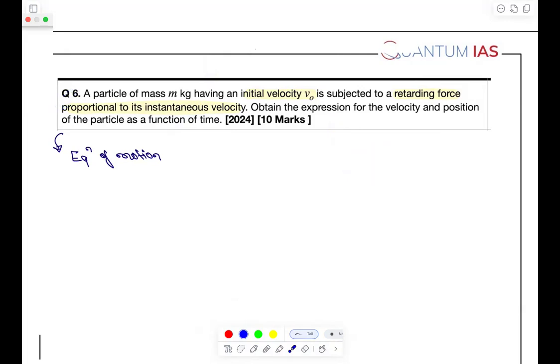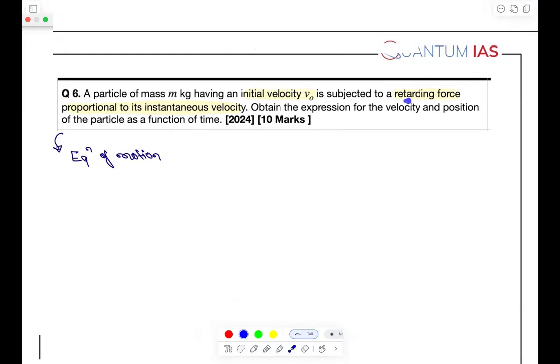I did one more small thing in that question: the initial velocity was projected upward, so the question I asked in the test series was better than the one in UPSC. This one is a little easier. If you project upward it becomes a little more complicated, because the gravitational force comes in.